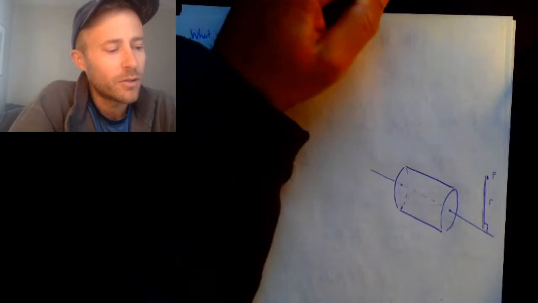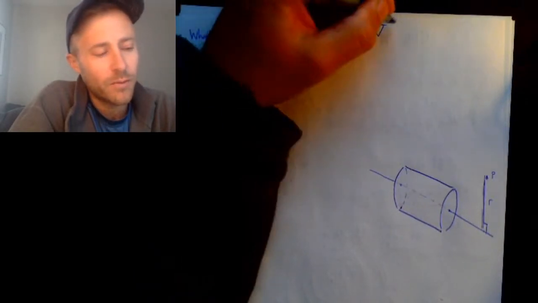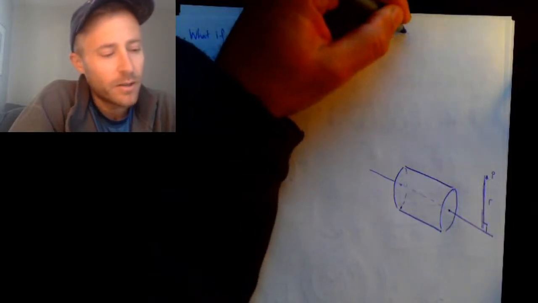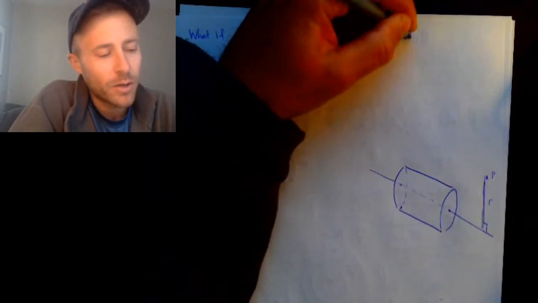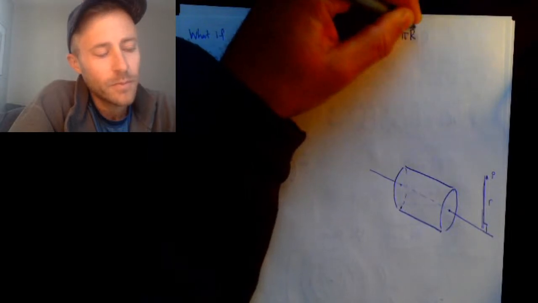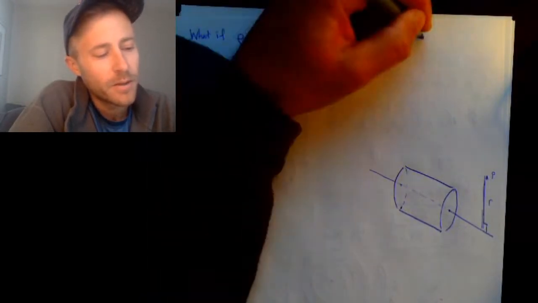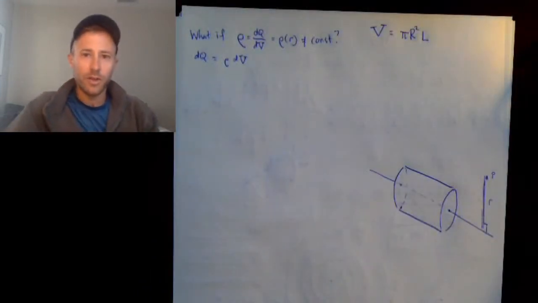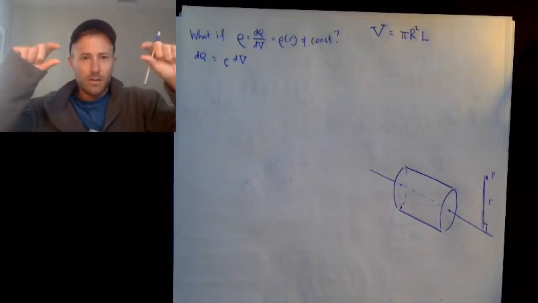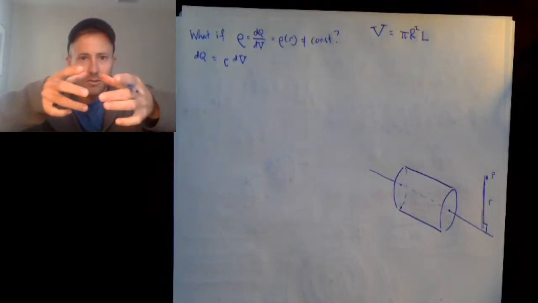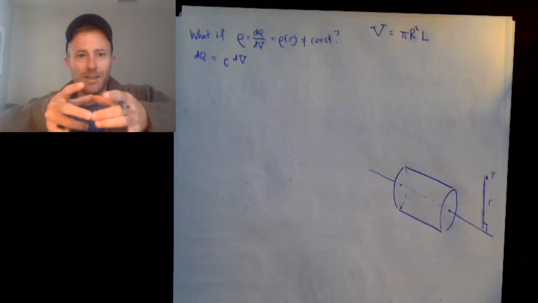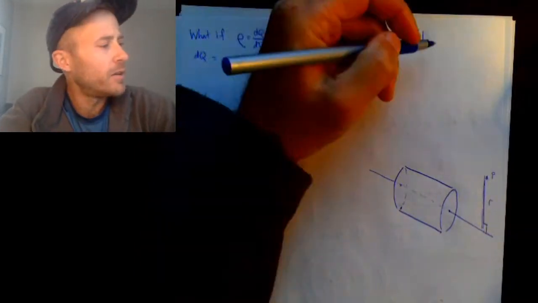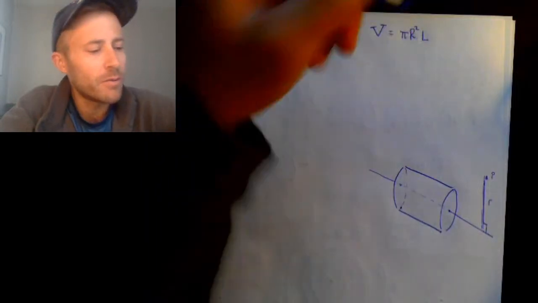So you look at the volume of a cylinder, which is pi r squared times its length. It's like a circular disk, which has an area of pi r squared, extended along the length of the cylinder. Then we can take the derivative of this.